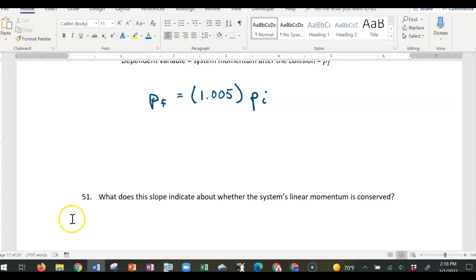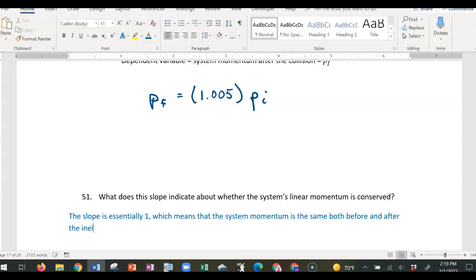This slope is very close to 1, so the slope is essentially 1, which means that the system momentum is the same both before and after the inelastic collision. Therefore, the system's linear momentum is conserved during inelastic collisions.